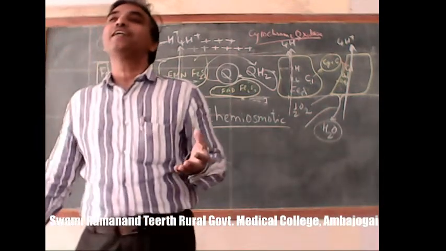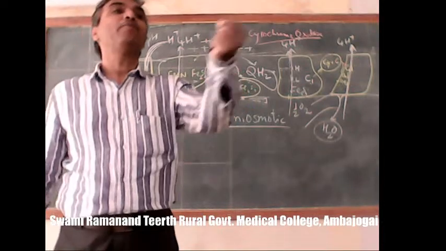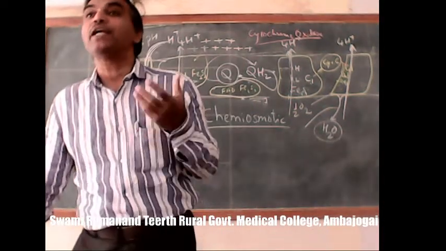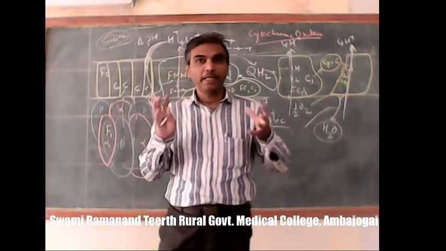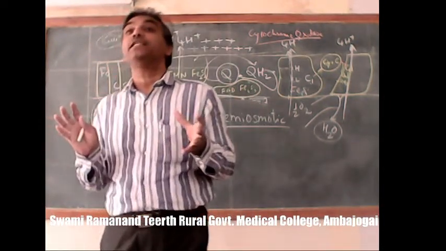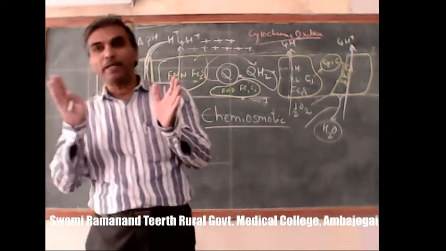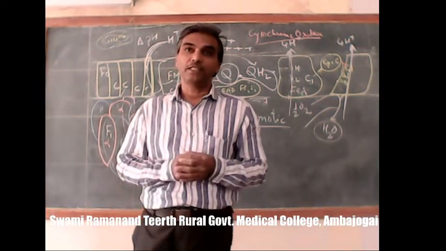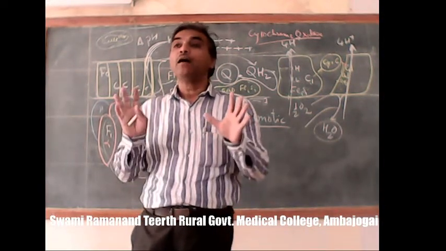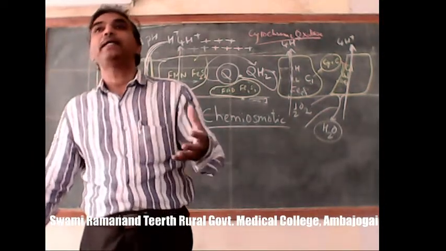Or you can say that due to this, there occurs a conformational change in the beta units. These are the beta units which are important for ATP synthesis. So there are 3 conformations of the beta unit.